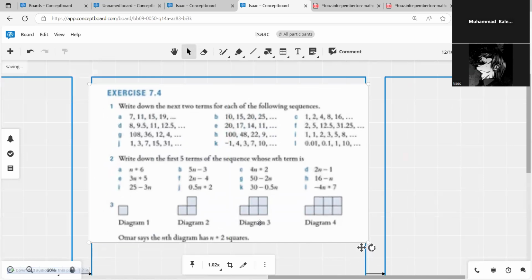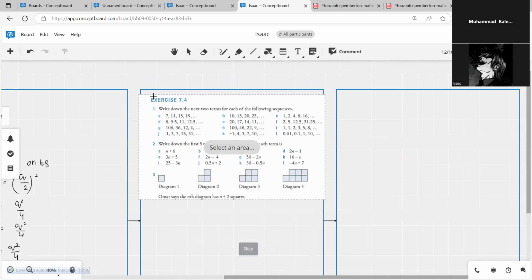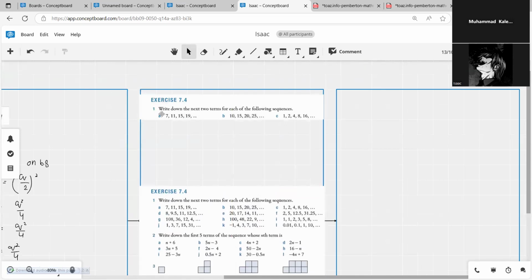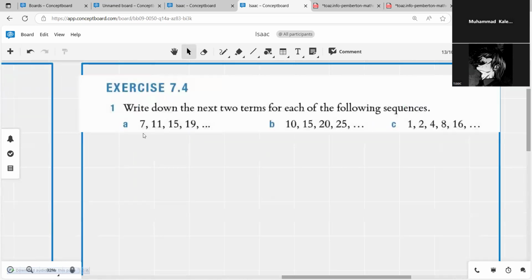Like here in question number 1, if you check the first terms, 7, 11, you can clearly see what they are doing. It's adding 4 each time.